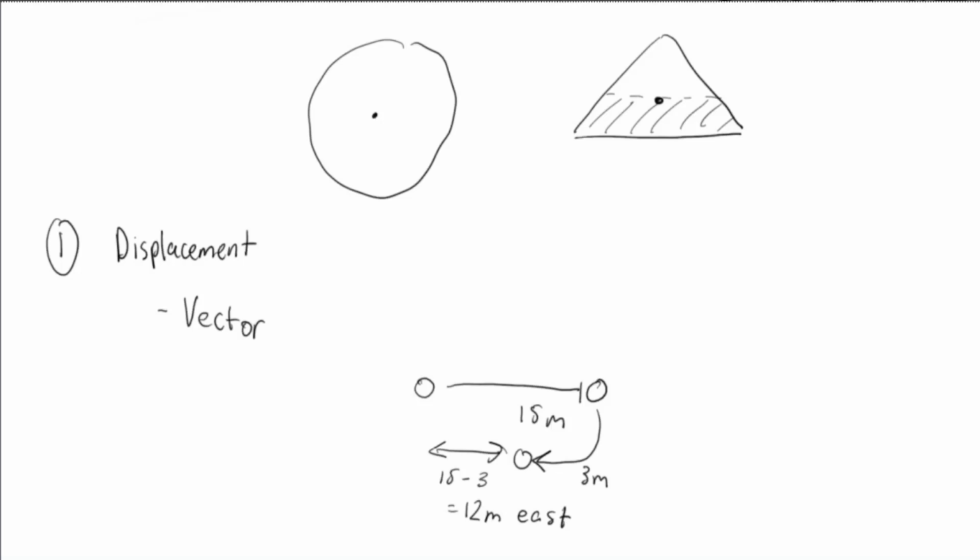Whereas the distance would be equal to 15 plus 3. So we'd have a total distance traveled of 18 meters. So the key thing here to remember is that displacement is measured in relation to a specified point, whereas distance is the total length that is traveled.